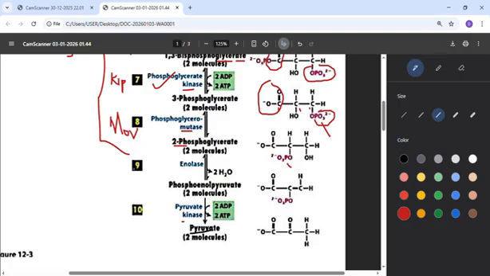Now let's move to step 9. In step 9, our enzyme is enolase, and also water will be removed here. That's dehydration. So now, why do we call this enzyme enolase, and why do we call this product phosphoenolpyruvate?